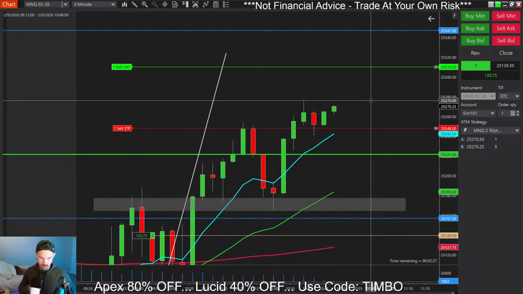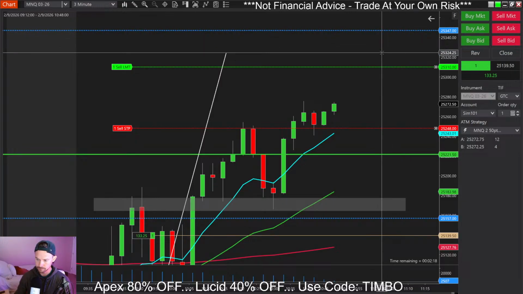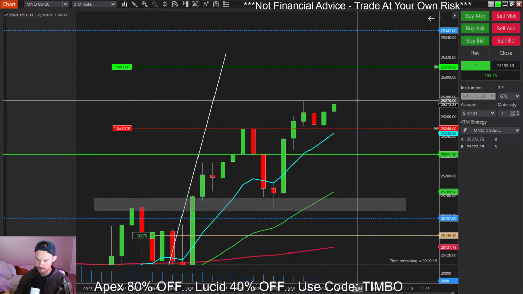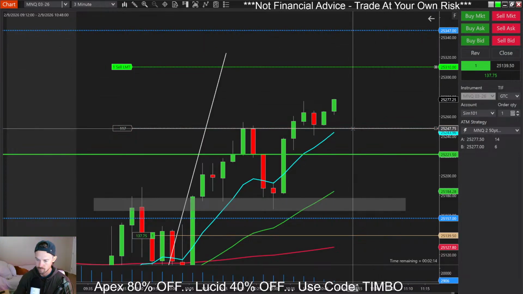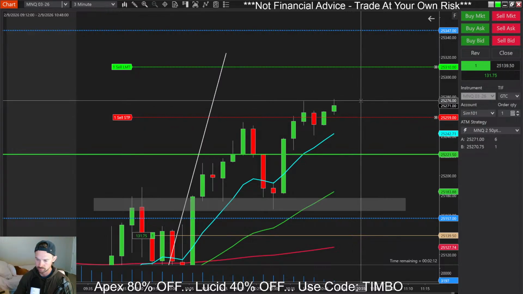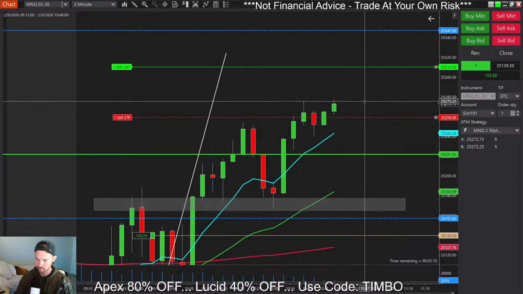NQ's close. There we go. Come on, baby. Give me the push. Just need ES to break that overnight high, and then we should get a good little thrust.